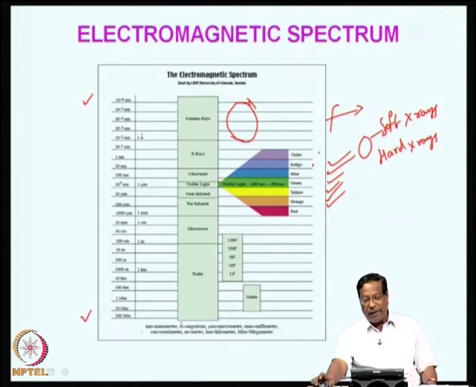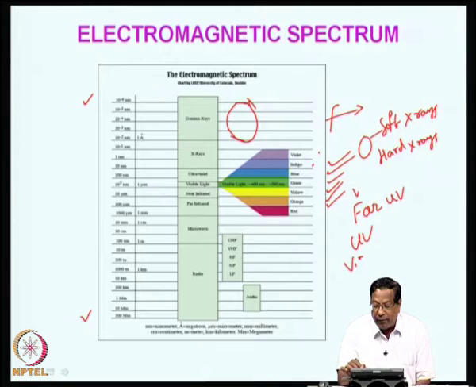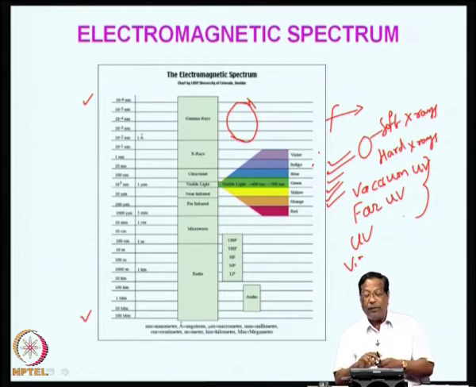In the ultraviolet rays, we have far ultraviolet, then ultraviolet, and then the visible region, and vacuum ultraviolet. These are the three regions of ultraviolet.